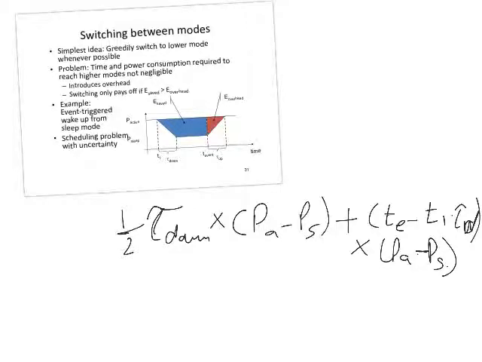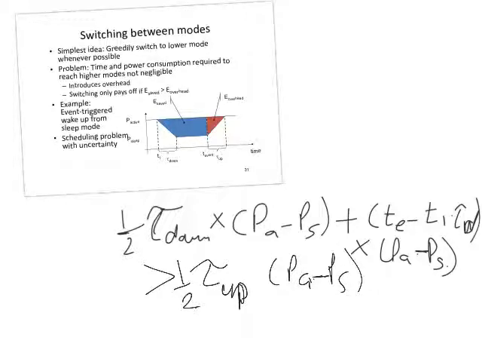So T event minus T1 minus tau down will give you this point minus this point, which is this line right here, okay, times (P active minus P sleep) will give you the area of this rectangle. So the area of this rectangle plus the area of this triangle should be more than tau up times (P active minus P sleep).